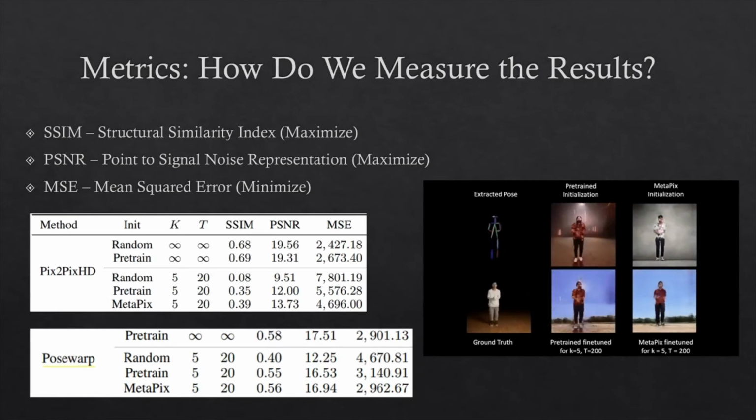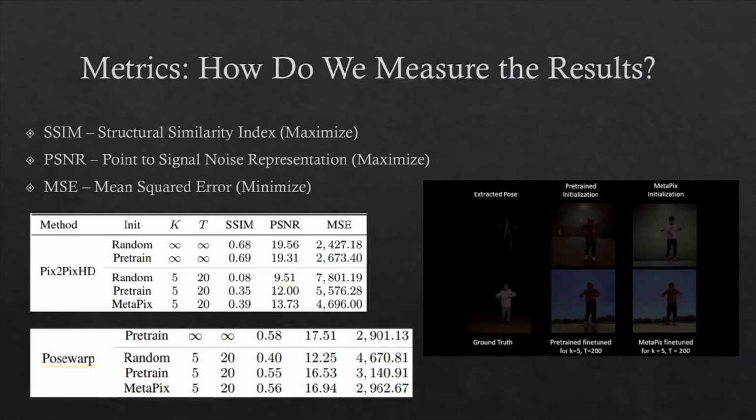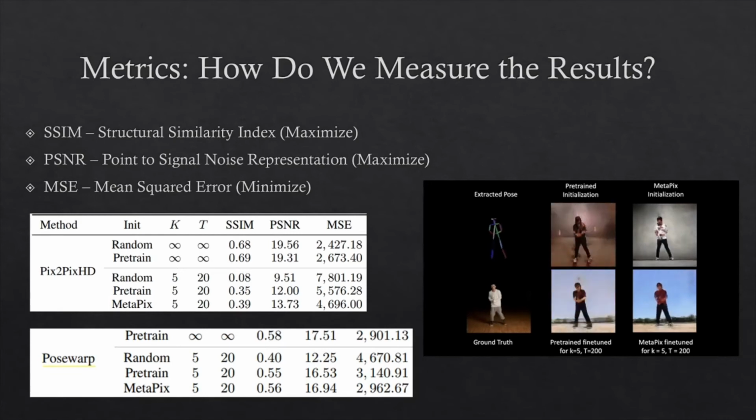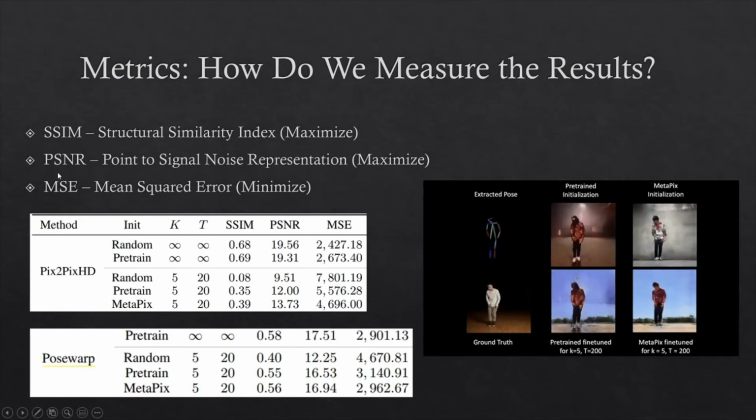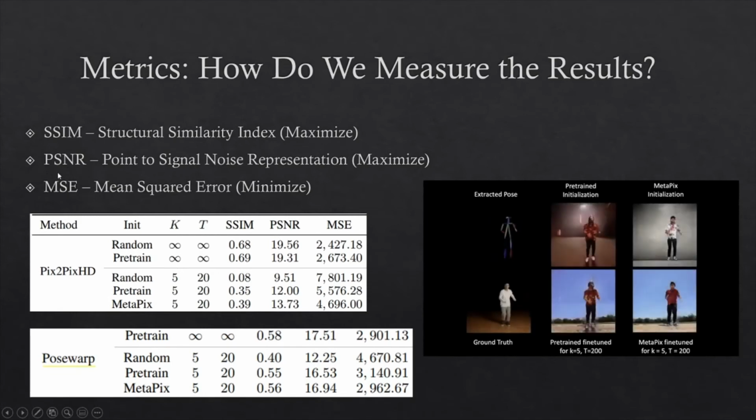The second metric is PSNR, which is the peak signal to noise ratio, which we also want to maximize. This compares the desired signal to the level of background noise. Both SSIM and PSNR we want to maximize. For the MSE, we want to minimize this.